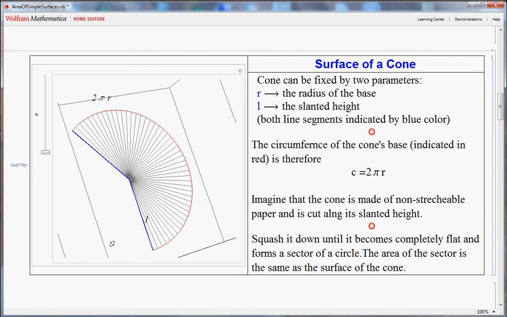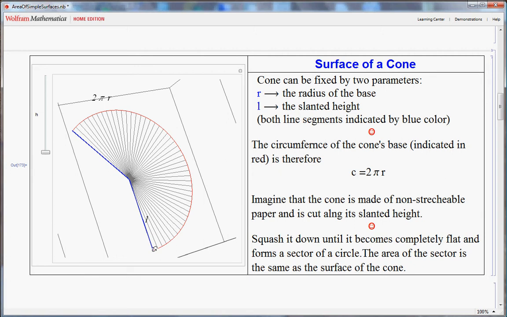Now, the arc of this circular sector will be of the same length, 2 pi r, because during the unfolding of the cone, paper did not stretch. Now, however, the radius of the sector will be little l, and it will not be the radius of the original cone's base r.